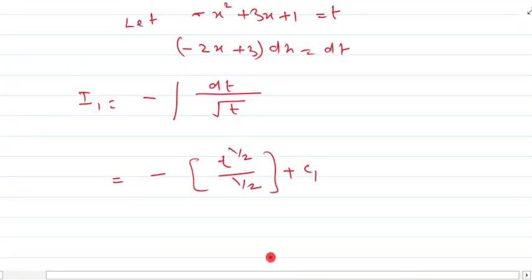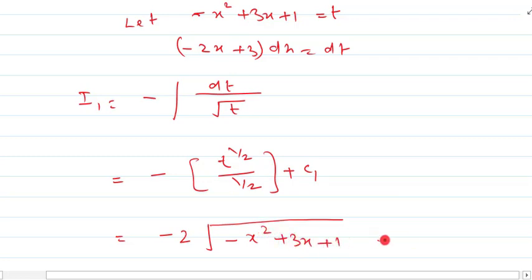So therefore the integration of the first part is 2 into square root of, because half power is here, square root of minus x square plus 3x plus 1 plus c1. It is very simple for you to simplify.